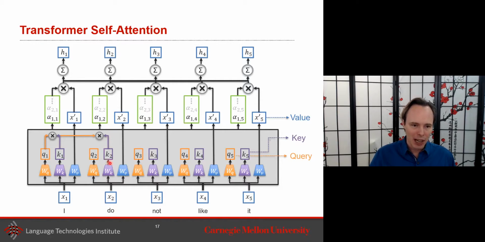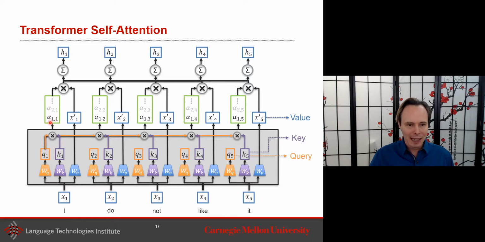So I project my word in the space such that all of the keys are nicely comparable to that query. And then I do similarity, and once I do the similarity with each of them, that gives me my alpha.